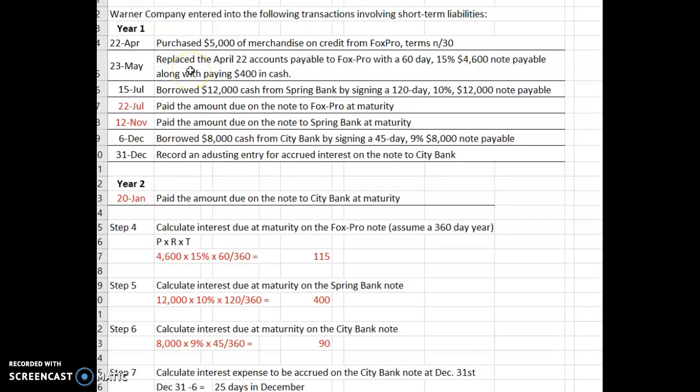On May 23rd, we replaced this accounts payable with a note payable. We paid Fox Pro $400, reducing the $5,000 balance down to $4,600, and instead of paying that amount, we signed a note payable, giving us an extra 60 days to come up with the $4,600.